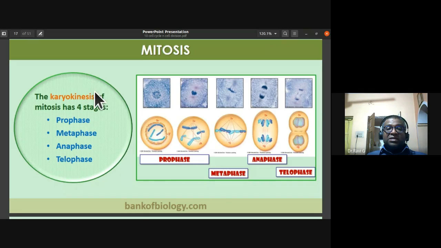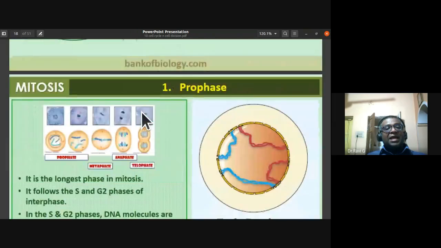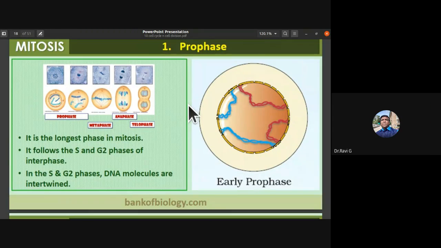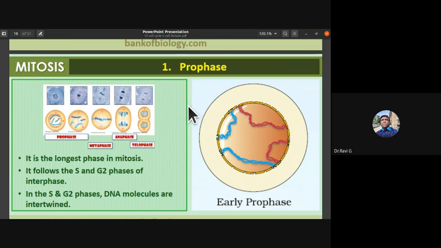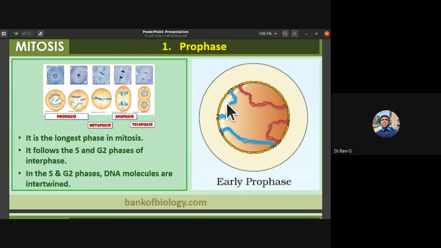This is the M phase, the first step of it being karyokinesis of mitosis, which has four stages: prophase, metaphase, anaphase, and telophase. In the prophase, which is the longest phase in mitosis, it follows the S and G2 phases of interphase.